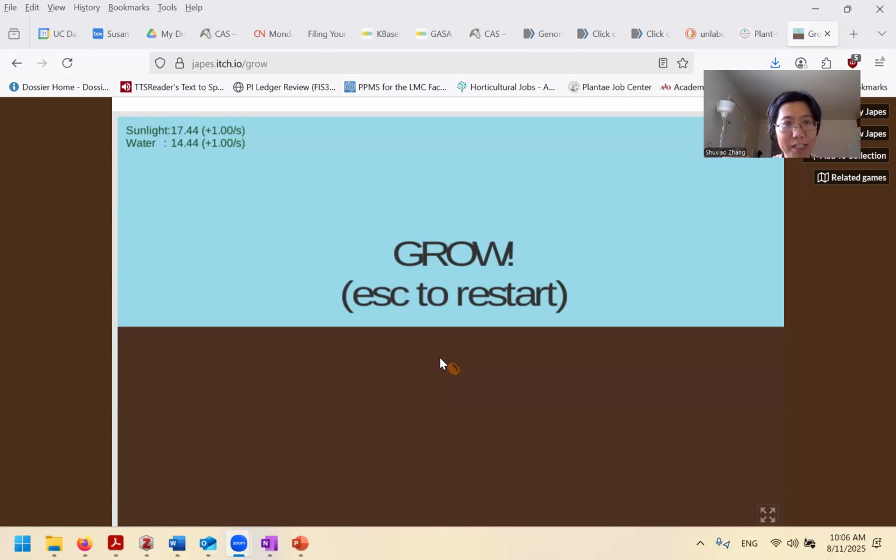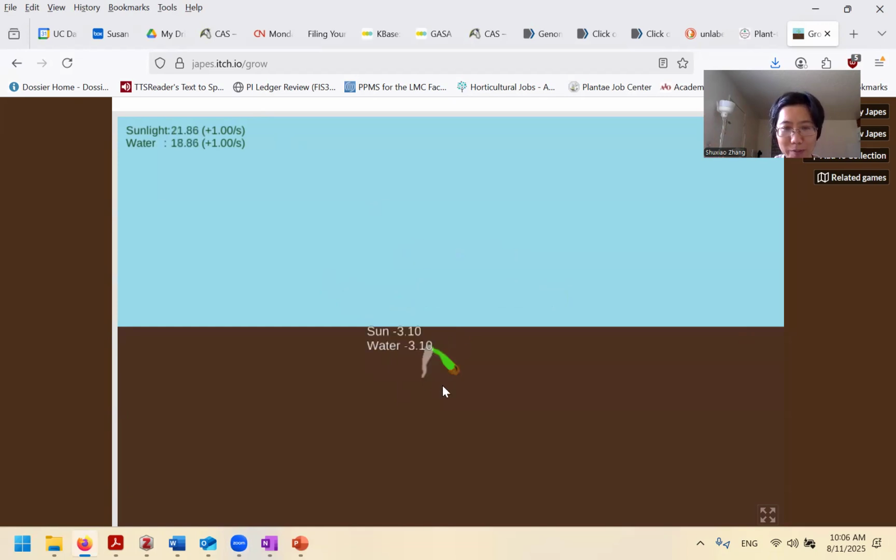This is a game by Japes, and it is how you can really get an idea of a plant as an organism with modular growth, because each time you do this, you are clicking to add modules to the plant. And you can see each time you grow a unit of the root, it requires energy in terms of sun and water for resources.